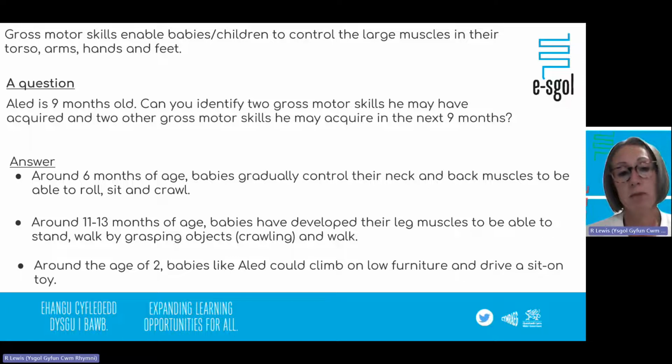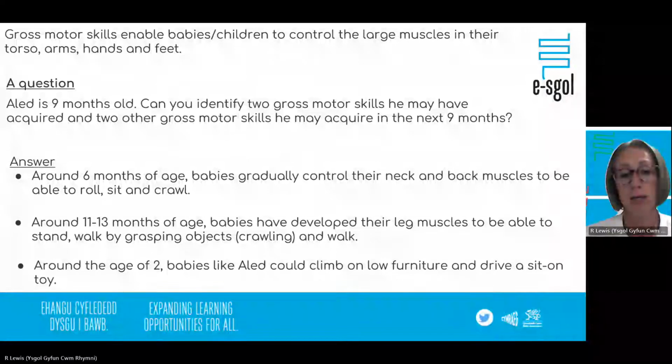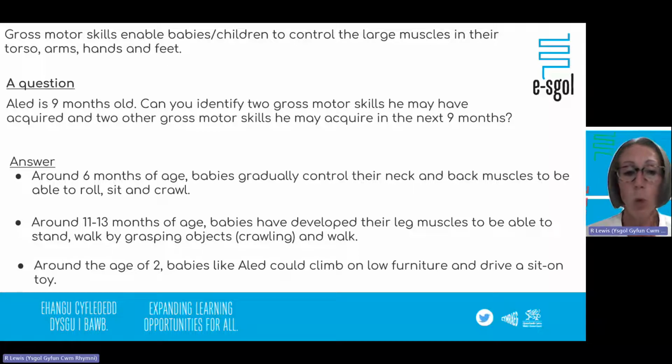Between 11 to 13 months, which is what they're going to acquire in the next months, we would expect them to be able to stand, maybe walk by grasping objects, crawling or cruising around, and then walk. Around about 2 years of age, we would like to see Aled possibly climbing on low furniture and driving a sit-on toy.